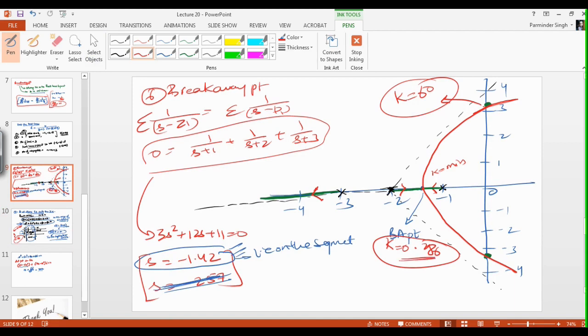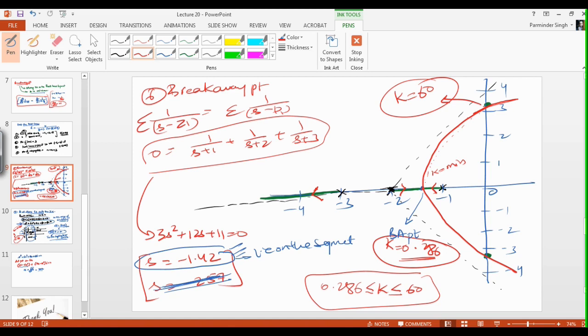So this is the minimum value of k and this is the maximum value, and on this root locus we have infinite values between 0.286 and 60. Clear? So this is what the root locus is: a plot where k varies, showing how the system stays on the verge of stability.